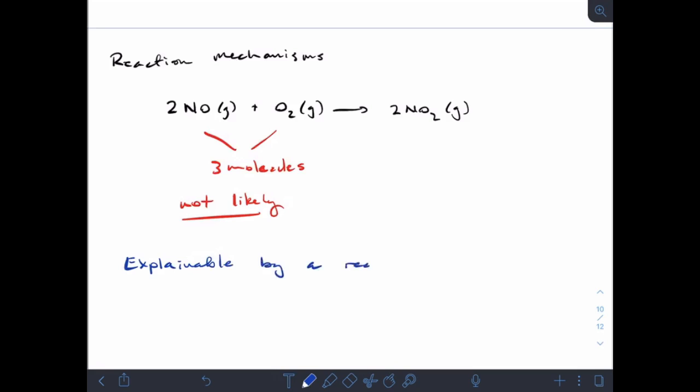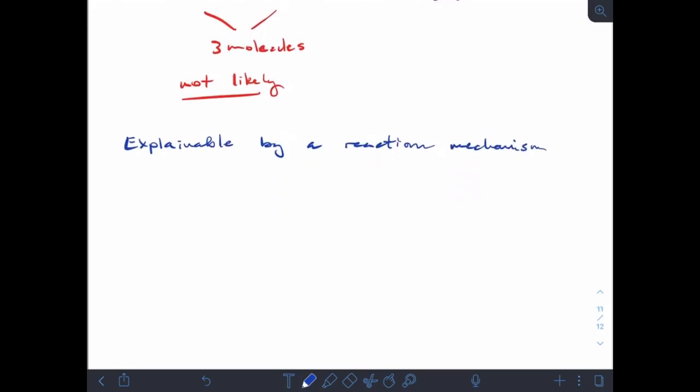A reaction mechanism. So instead of thinking about this as one simple process, we take it as a step-by-step process.